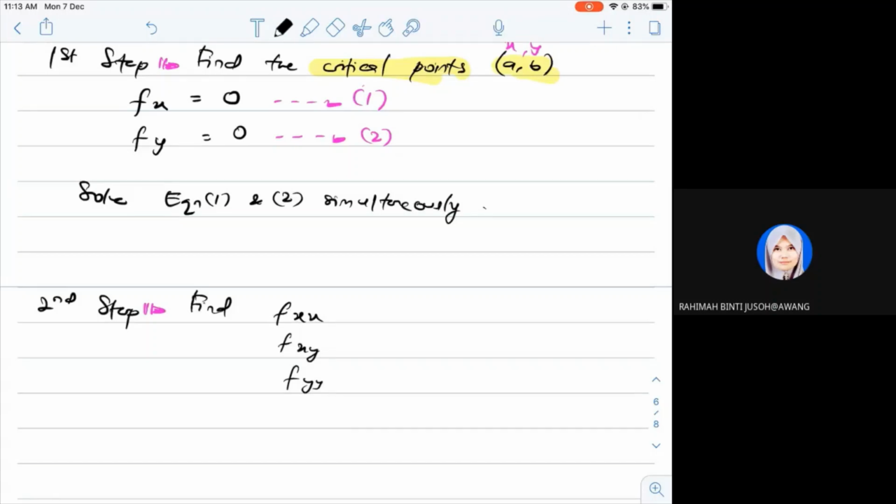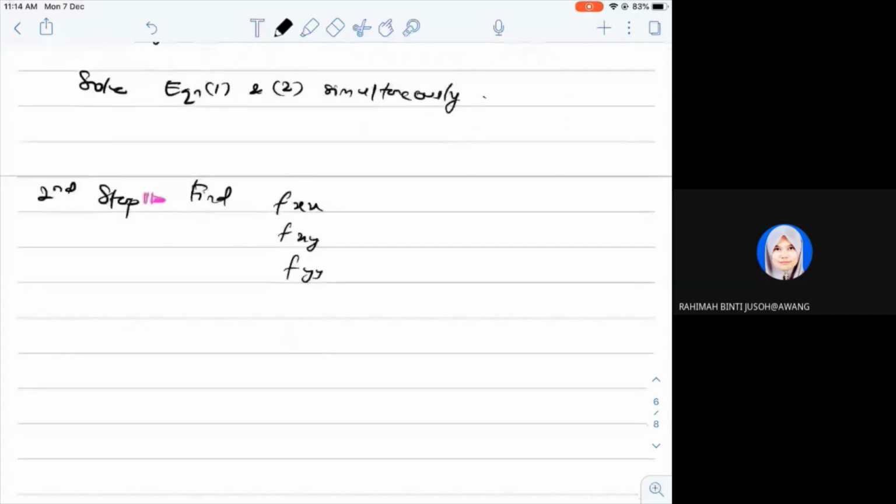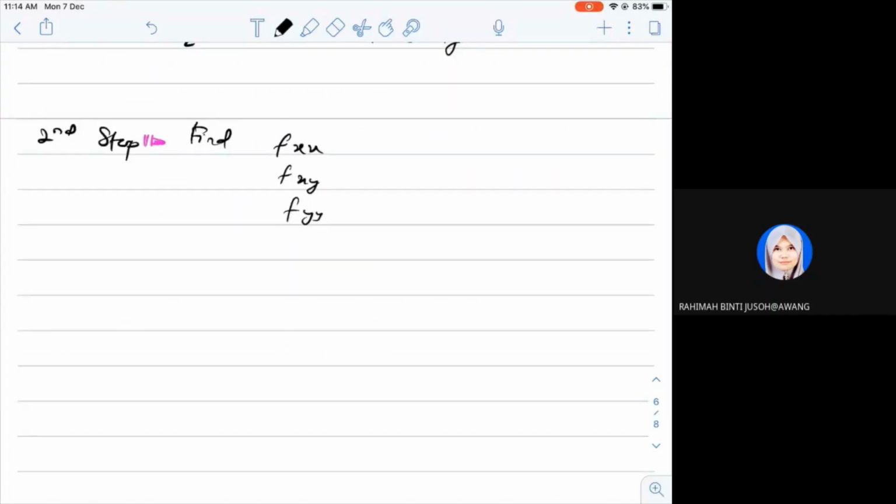It means you have to differentiate twice. Based on what you got from the first step, fx and fy above, you have to differentiate again with respect to x and then differentiate with respect to y, and then you need to differentiate fy with respect to y again. Okay, that's the second step. And the third step.